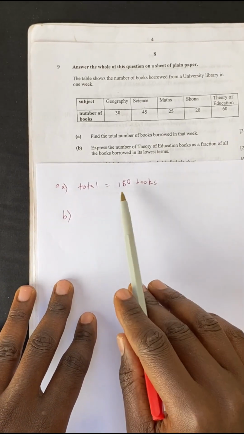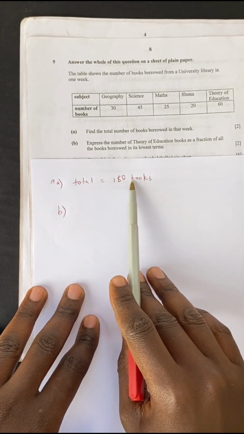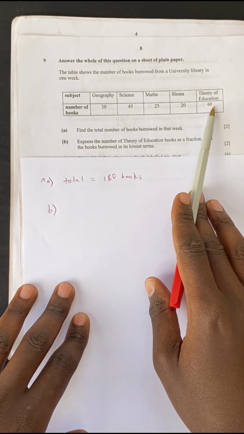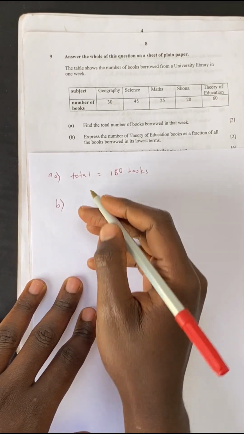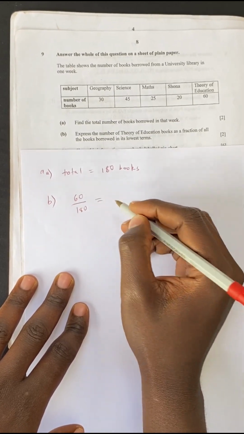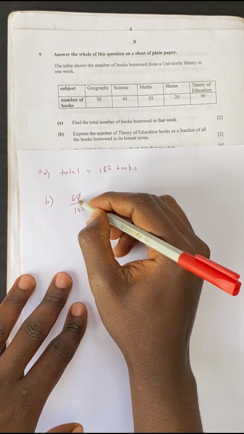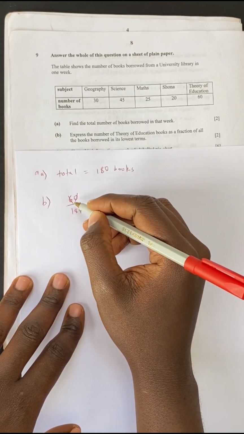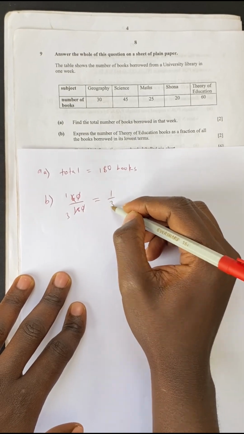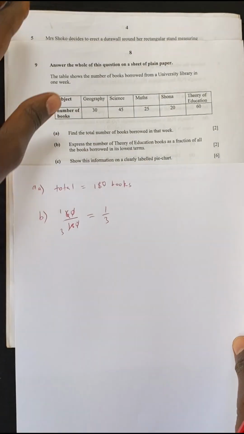So the total number of books borrowed in that week was 180 books, and the theory of education books borrowed were 60. So we are going to say 60 over 180, and we are going to reduce. So we cancel this 0 and this 0. 6 into 6, that is 1. 6 into 18, that is 3. So it becomes 1 over 3.